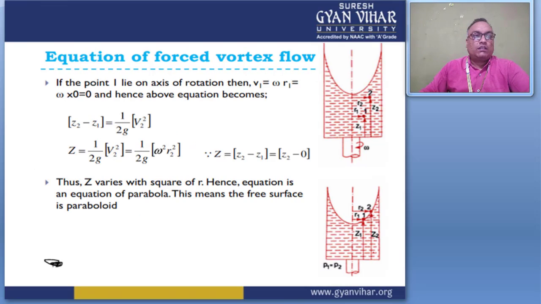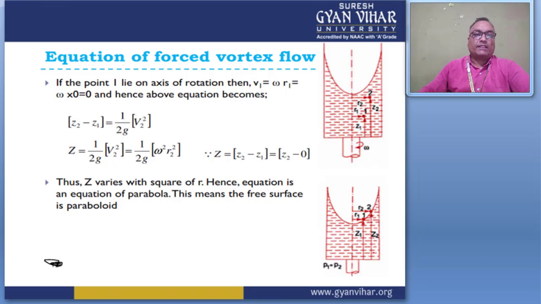Next case: if point 1 lies on the axis of rotation, then the radius r1 is equal to 0. If r1 equals 0, only the velocity v2 remains, then z equals 1/2g v2², right?